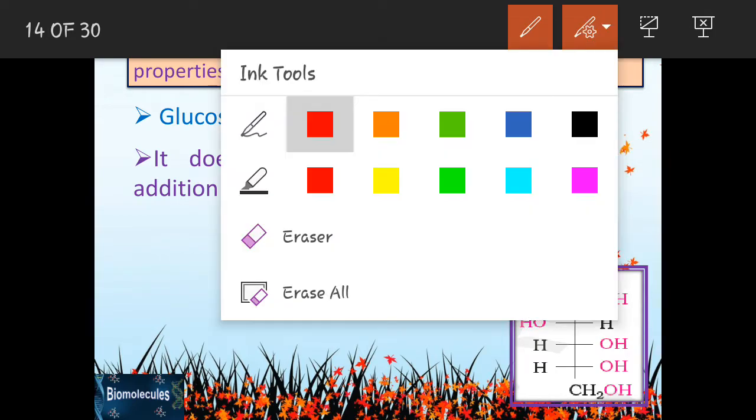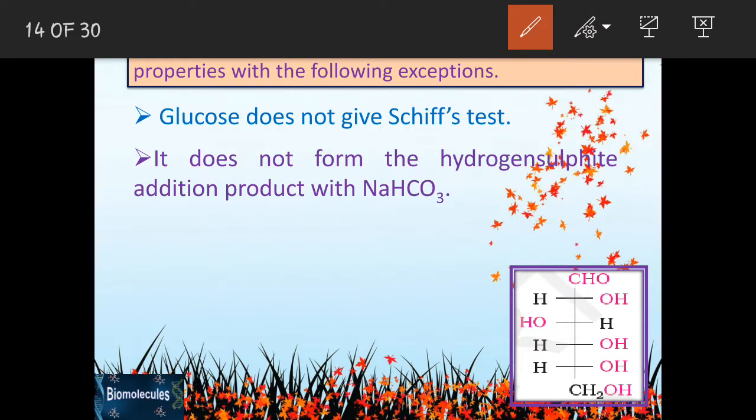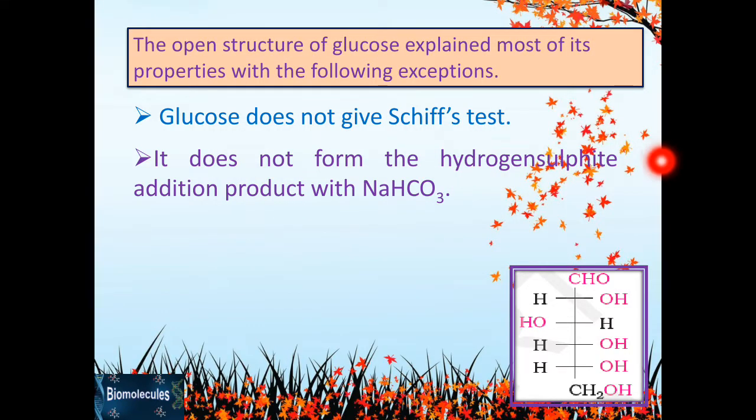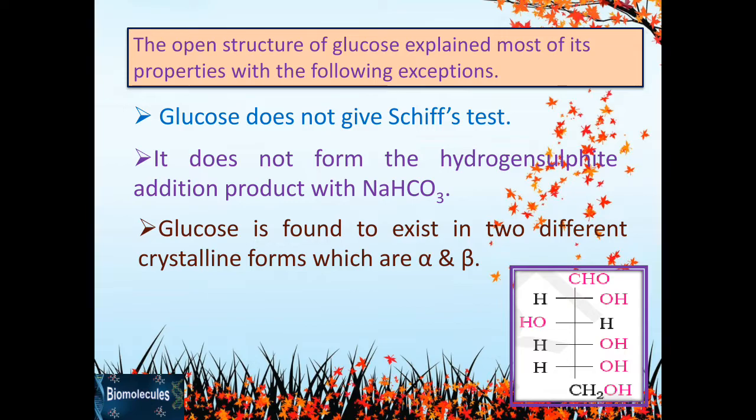Please make the correction in the notes. This is also an addition reaction of a carbonyl group, the aldehyde group, with hydrogen sulfite. So forming this addition product is also a test for an aldehydic group. That test is not given by the open chain structure.